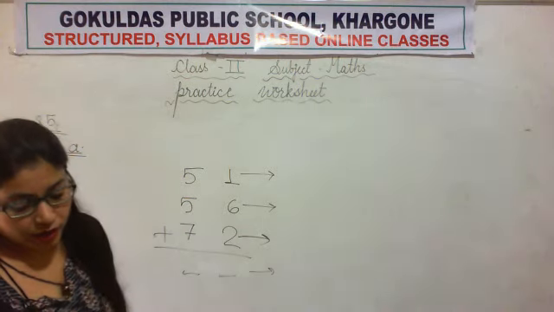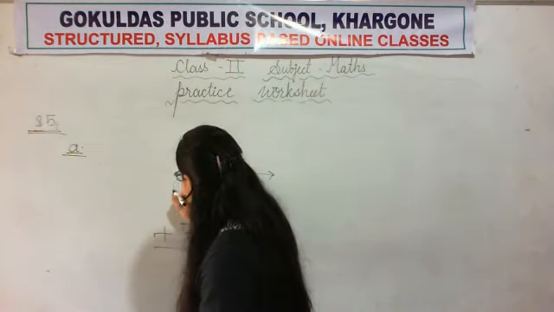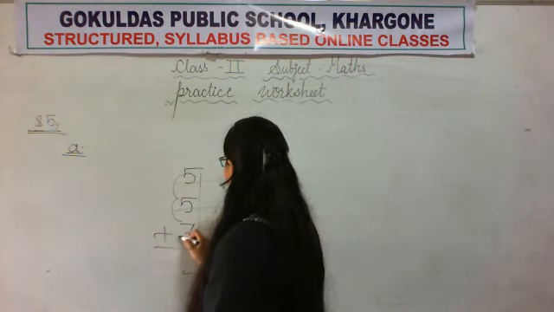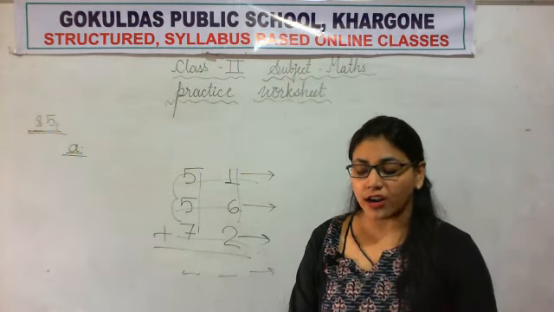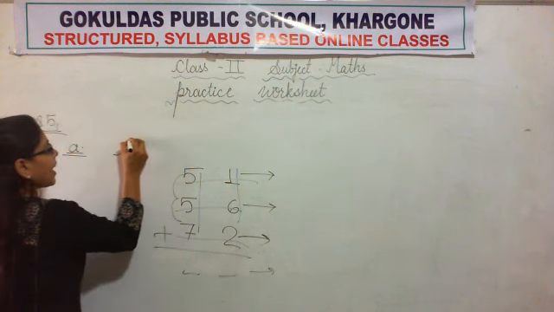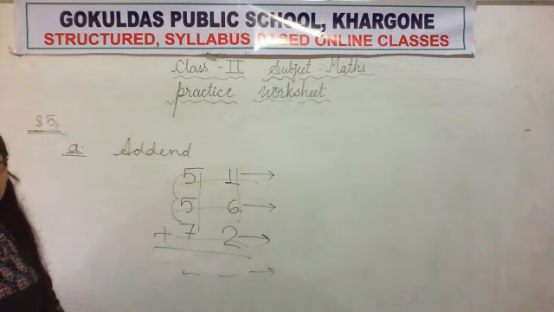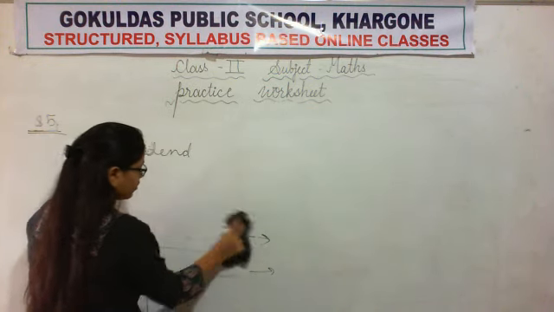So the question is asking about the numbers that are added. They are talking about these numbers. So the numbers which are added are called addends. So the answer of A will be addend or addends.